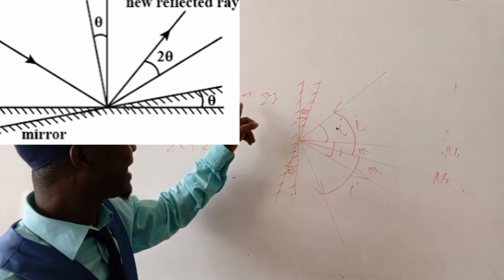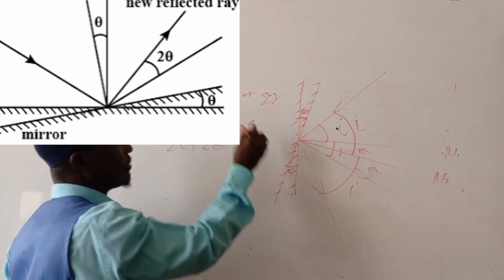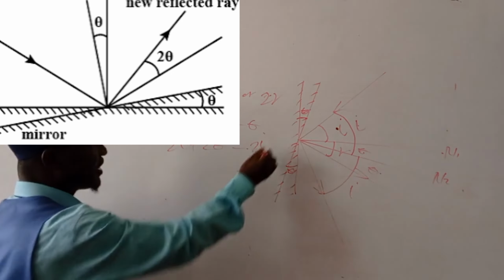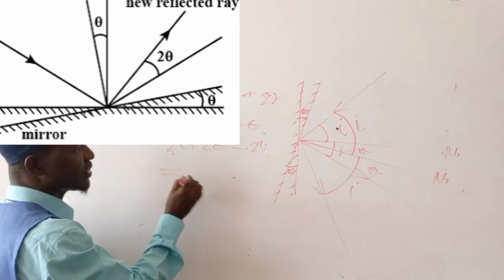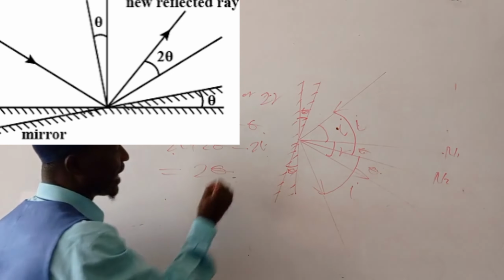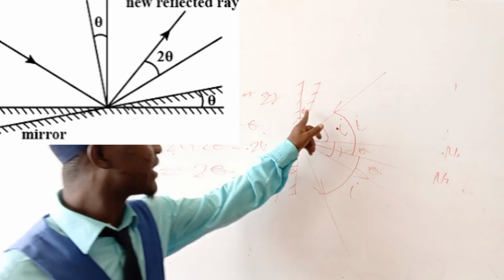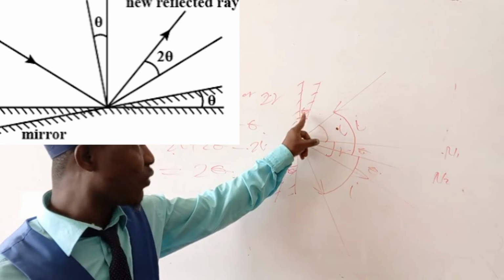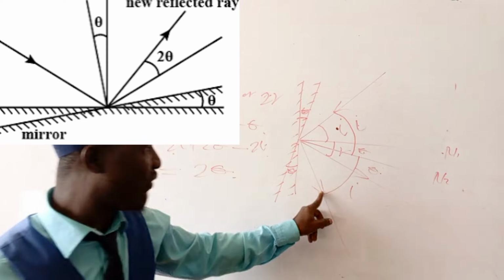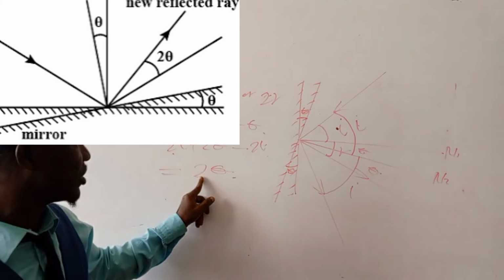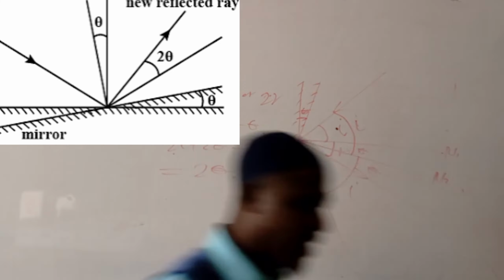Then subtract our former 2I, and it gives us 2 theta. Therefore, if you rotate a mirror by an angle theta, the reflected ray will be rotated by 2 theta.